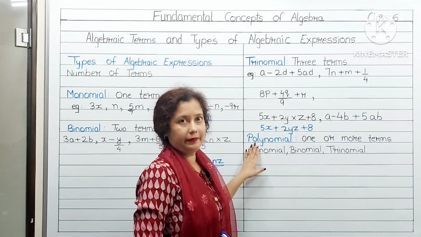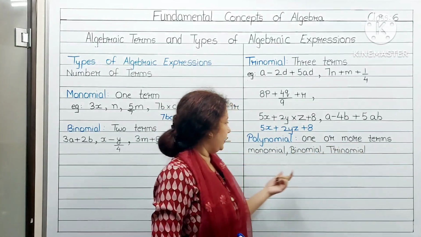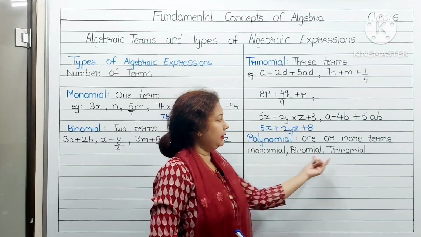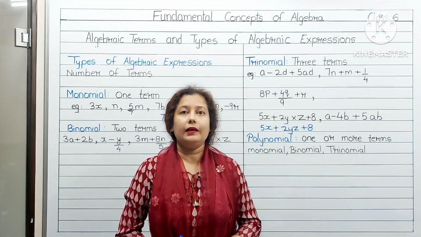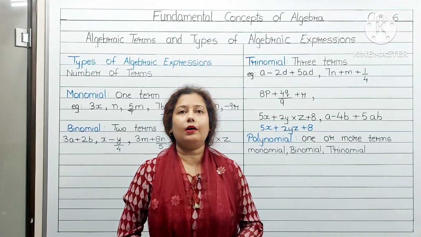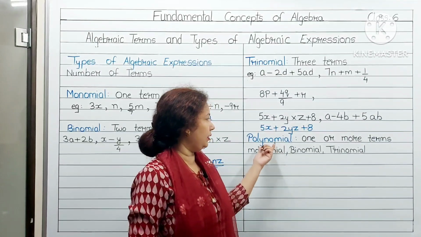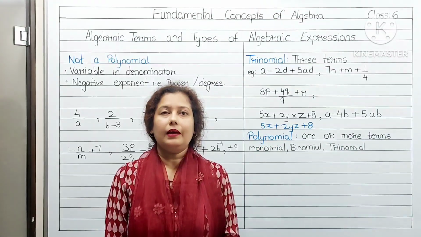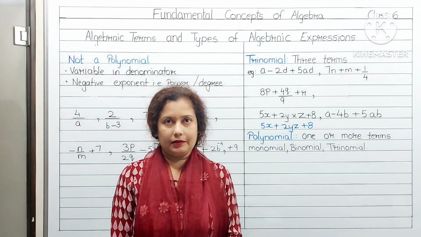Polynomial. Poly means many. It consists of one or more terms. So here monomial, binomial and trinomial are all polynomials. There can be 4 or 5 or 6, n number of terms in a polynomial. There are certain terms which are not considered as polynomials.